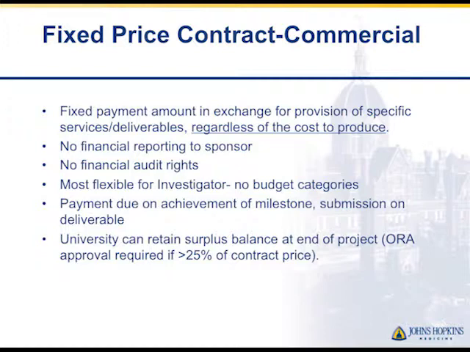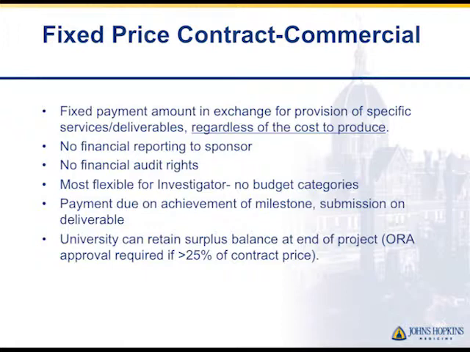The risk shifting is that the cost for us to produce that deliverable or to meet that milestone is irrelevant to what we're paid. So we run the risk of actually costing the university or the department more to produce those deliverables, or we stand to gain if we can perform the work for less cost.